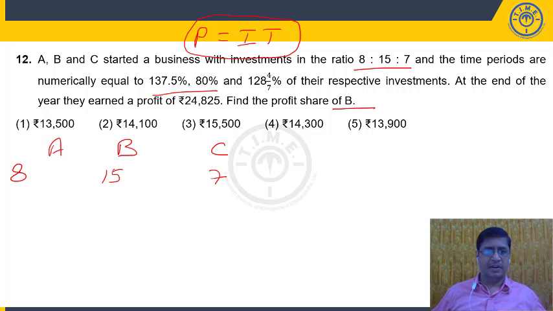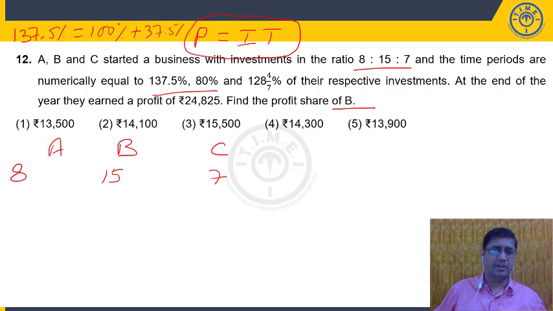What about the time periods? 137.5%. My dear students, 137.5% means 100% plus 37.5%. 100% means 1, 37.5% means it is 3/8. Am I right? Yes or no?